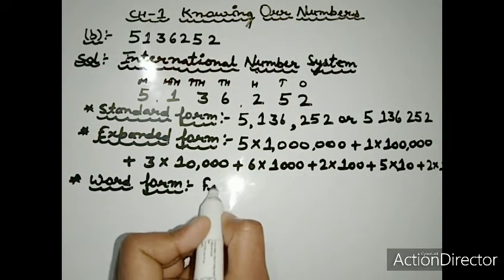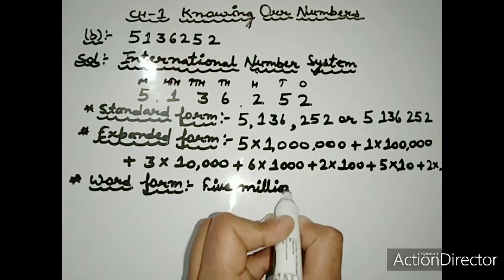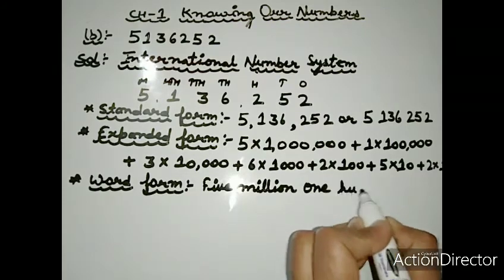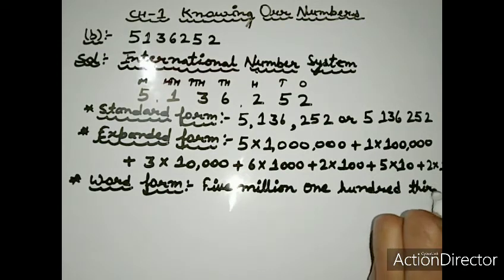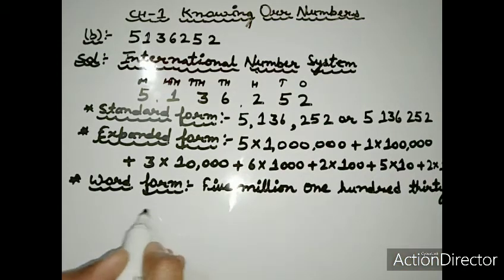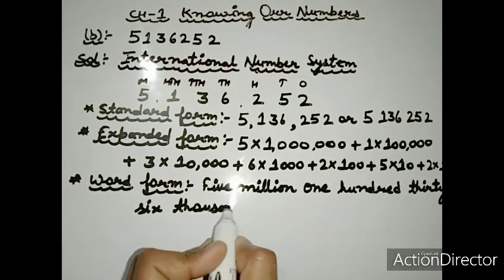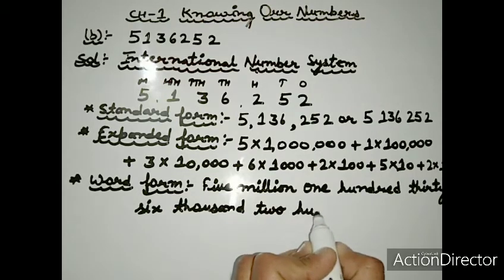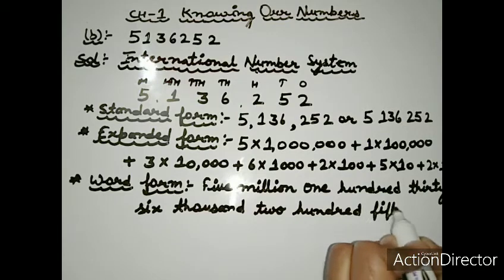So here we write 5 million, 100, 36,252.